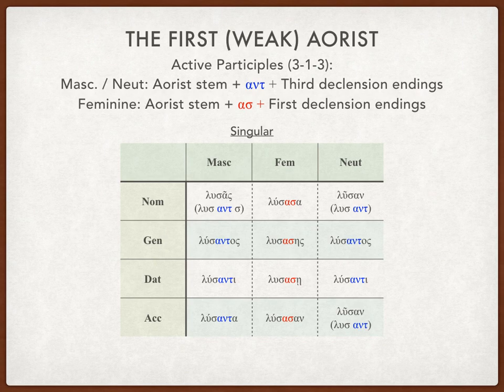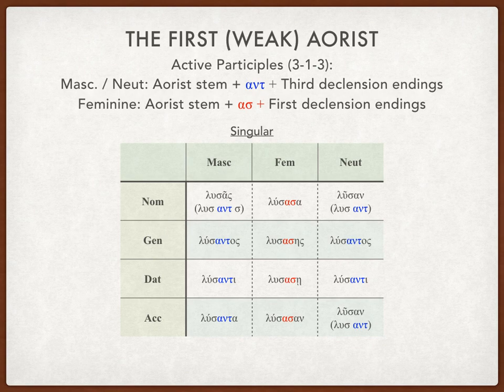And you already know that sigma beats up tau and nu, so alpha just lengthens to compensate for that form. So lusants becomes lusas, having loosened. Feminine, lusasa. Neuter, lusan. Remember, as, asa, an, just like pas, pasa, pan, all or every. It's going to form very similarly to that adjective.